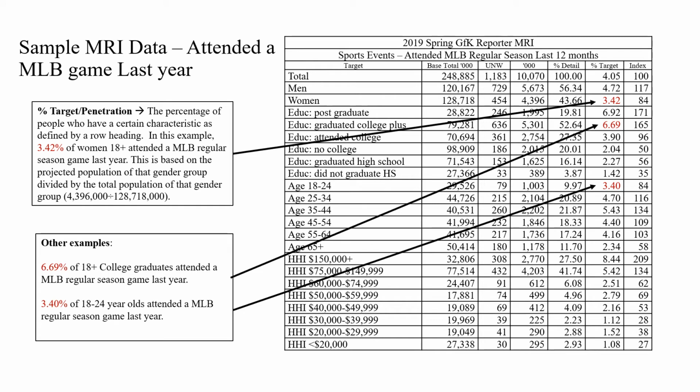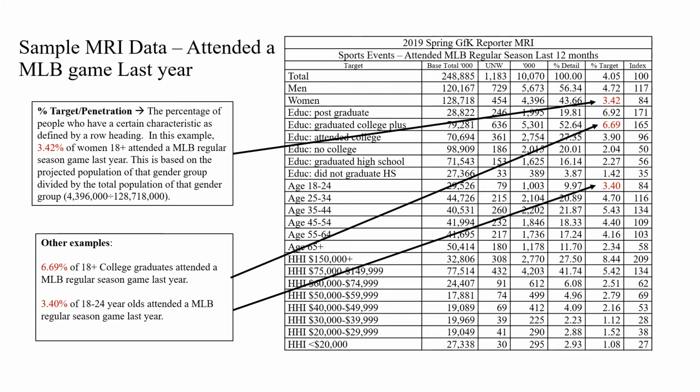The next column over is called the percent target or market penetration. This is the percentage of people who have a certain characteristic as defined by the row heading. In this example, 3.42% of women 18 and over attended a Major League Baseball regular season game last year.